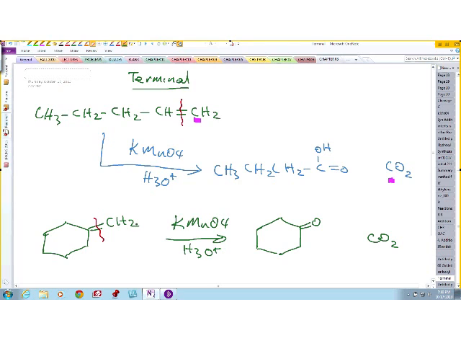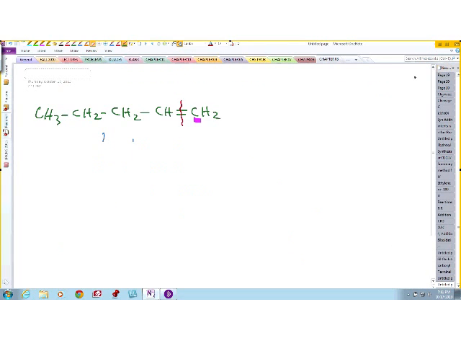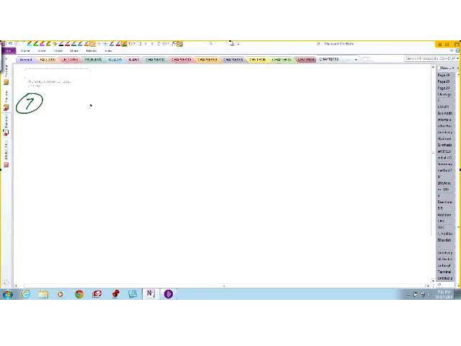That's not the end of the chain. That would be an internal alkene, so that will give you the regular carboxylic acid. In other words, if you have CH3 here, then that will give you your regular carboxylic acid. That's number 7, right? Yes.